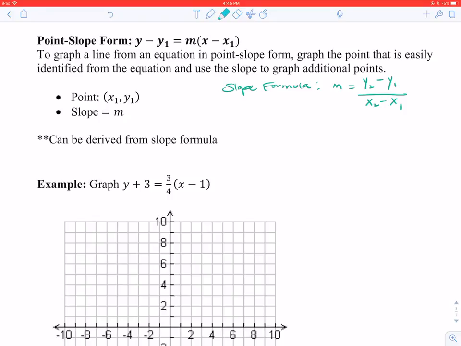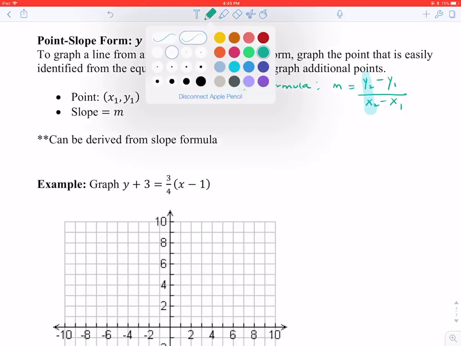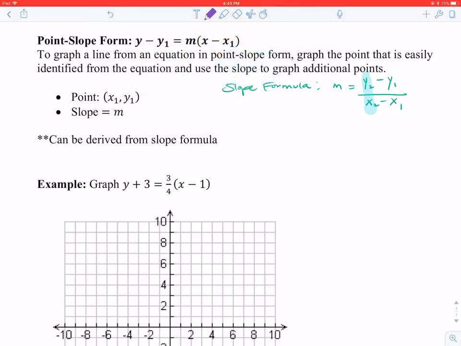Well, if we made this y sub 2 and x sub 2 just the variables x and y, so still the slope formula, but (y minus y sub 1) over (x minus x sub 1), and then multiplied each side of this equation, right? This is an equation, there's an equal sign, times x minus x sub 1.